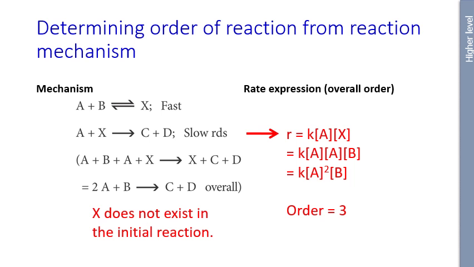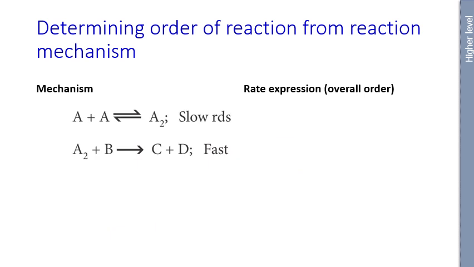Remembering that the concentration of X will essentially be the concentration of A times the concentration of B, the rate equation is k times the concentration of A all squared times B. So it's now gone from being a second order reaction when the first step was the rate determining step to a third order reaction when the second step is the rate determining step, because X does not exist in the initial reaction as a reactant.